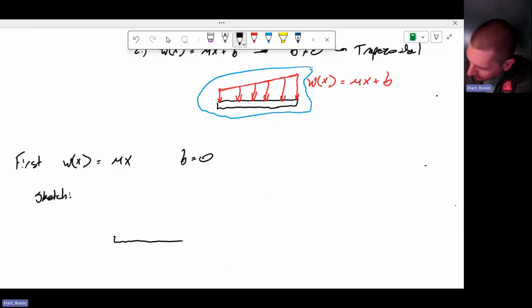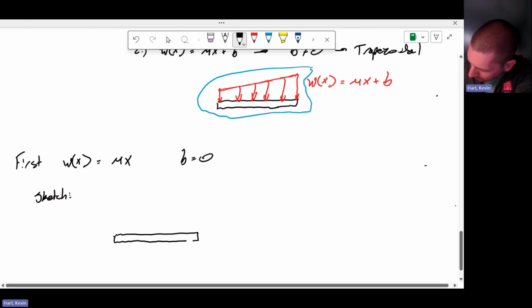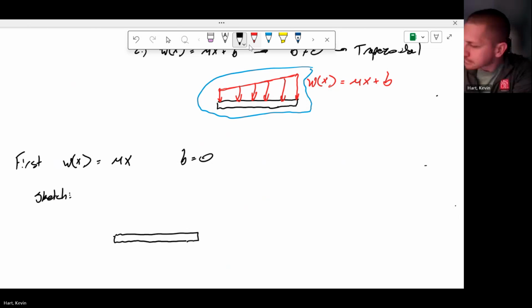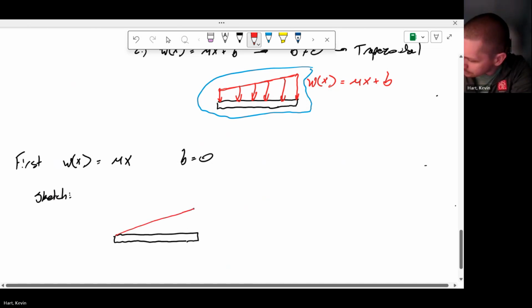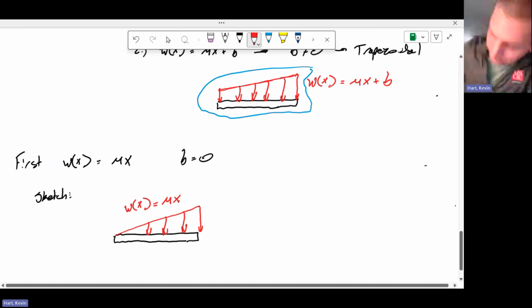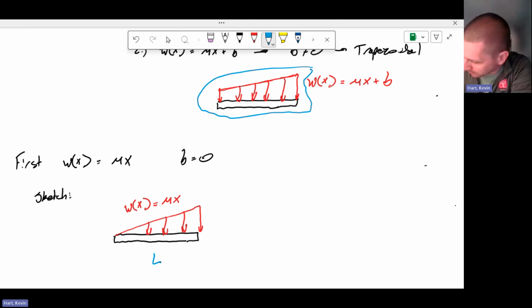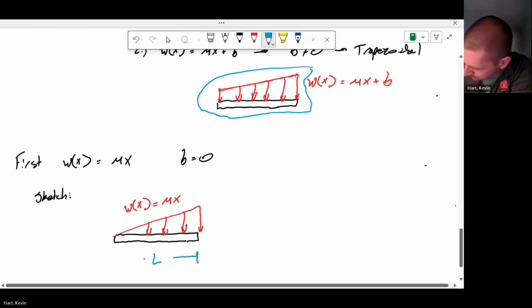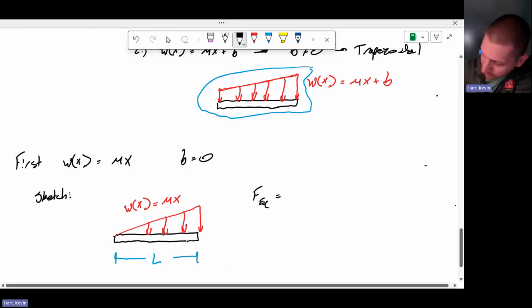We'll label this and define it generally, and then we'll look at one quick example. Again, here's w(x) = mx, just a general linear function. m is your slope. And let's say this beam has a length of L.